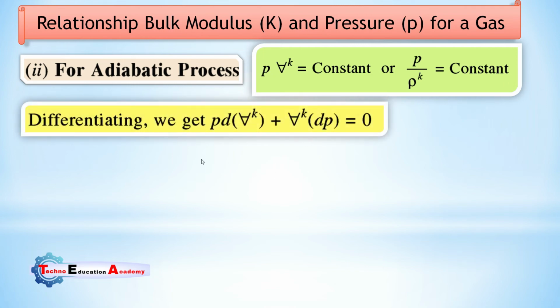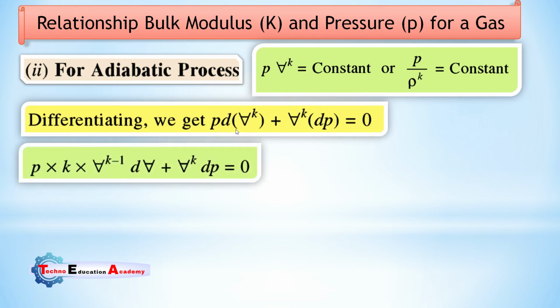Same as before, we differentiate this equation according to the multiplication rule. The first term remains as it is and we differentiate the second term, plus the second term remains the same and we differentiate the first term, equal to 0. So the derivative of V raised to K: according to the fundamental differentiation rule, the differentiation of x raised to n equals n into x raised to n minus 1.